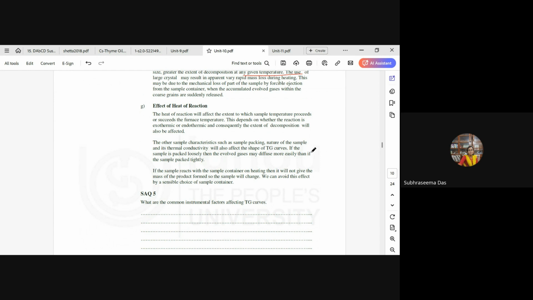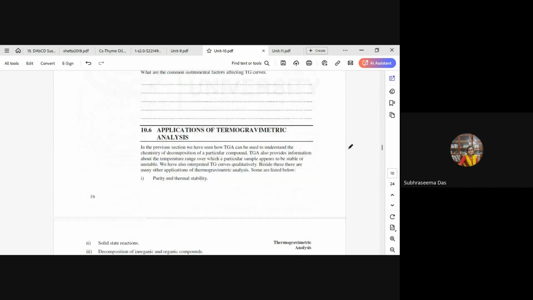Now, if the sample reacts with the sample container during heating, there is also a possibility of a change in the TGA curve. Hence, it is always advisable to choose a sensible sample container that will not react with our sample.